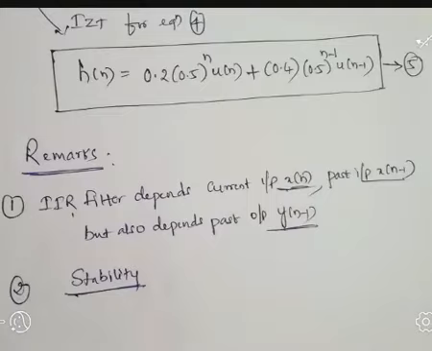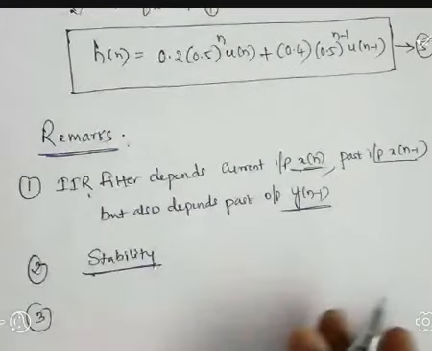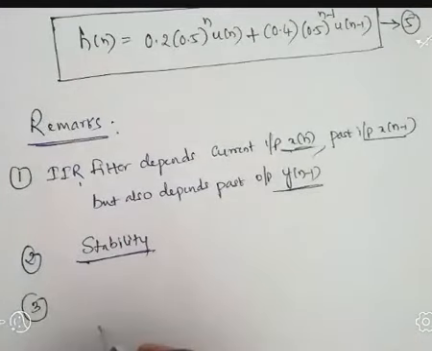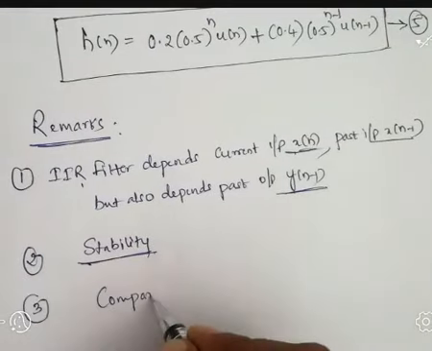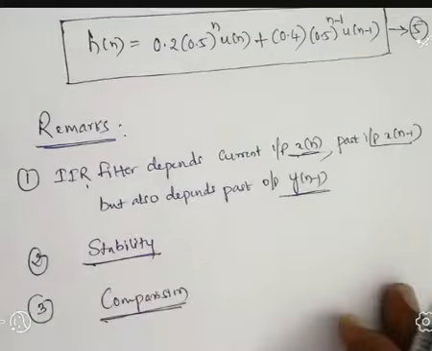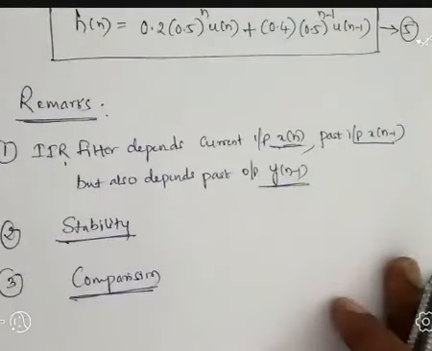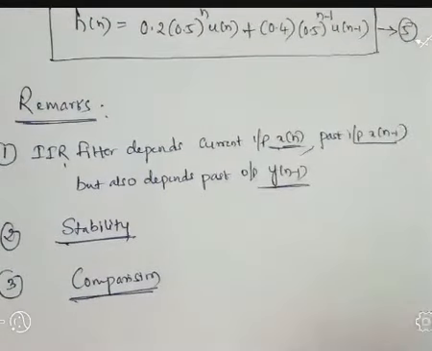And the third remark about this example is about the comparison of cases. The first was about dependency, the second about stability, and the third about comparison with the finite impulse response. In the previous sessions, we discussed many examples about FIR filters, designing of finite impulse response filters.